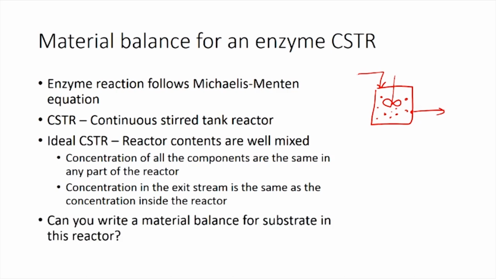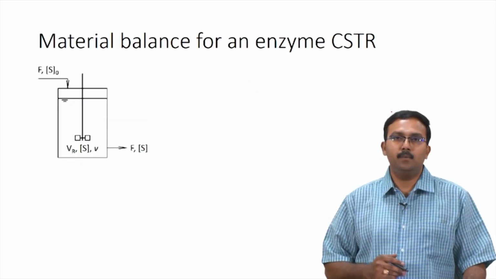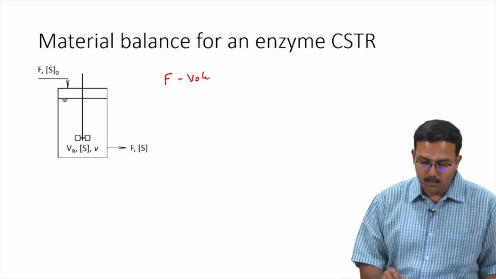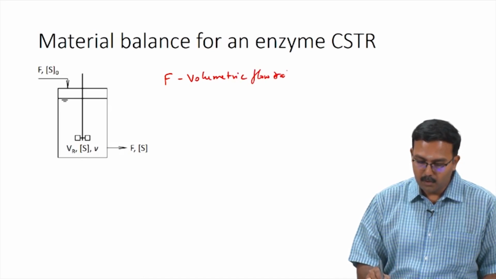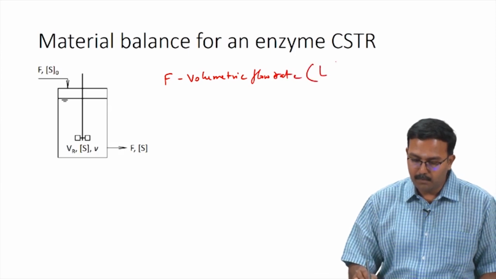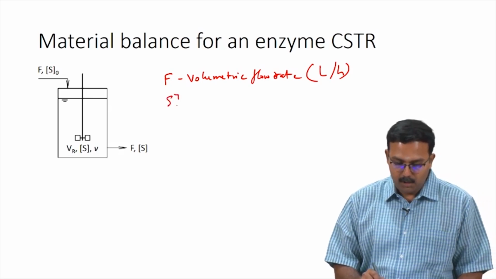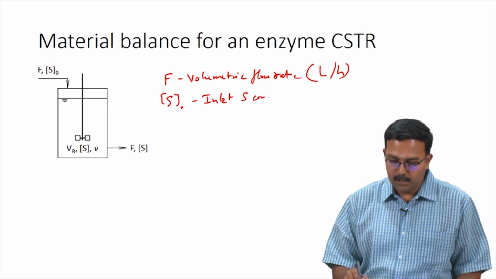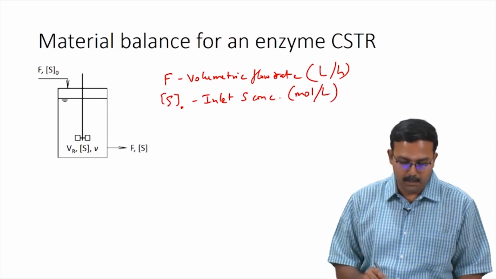Now, can you write a material balance for substrate for this reactor? Let us try to do that. This represents a CSTR with all the parameters listed down. Here you have F, which is the volumetric flow rate, in terms of liters per hour, and S naught, which is the inlet substrate concentration. This can be in terms of moles per liter or grams per liter.